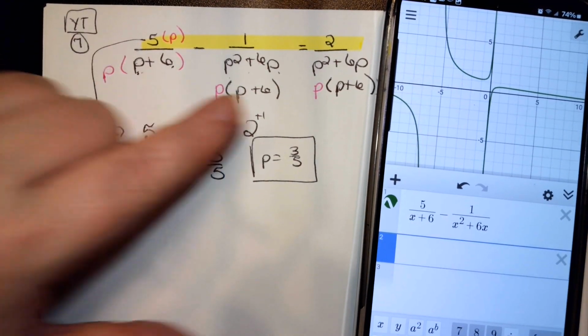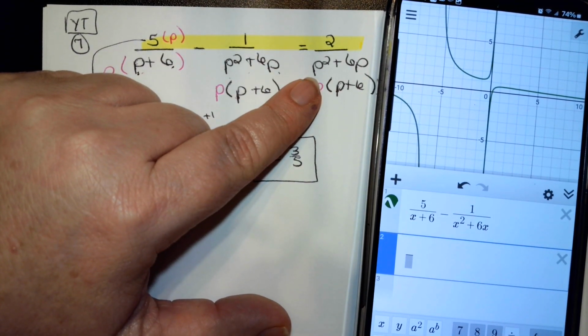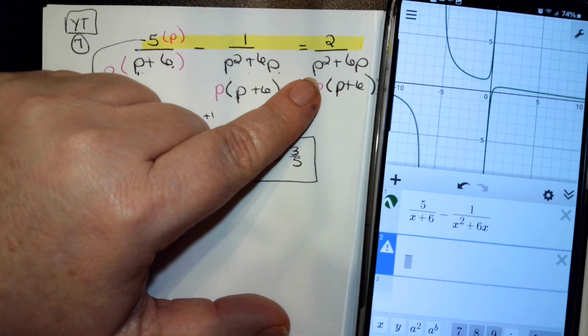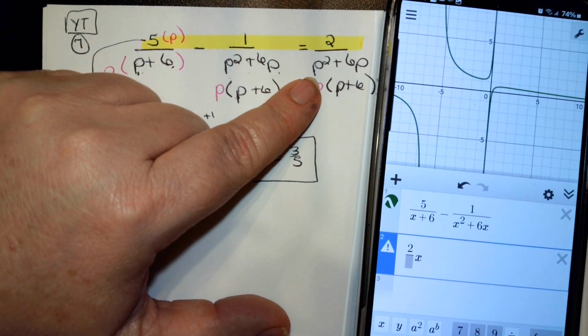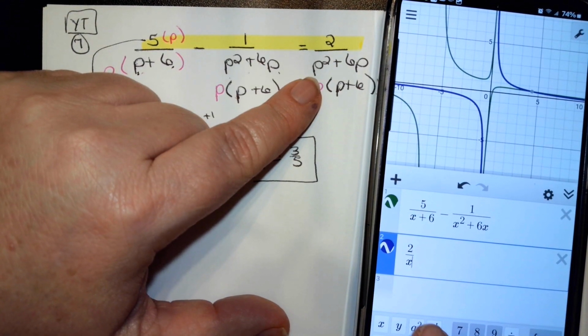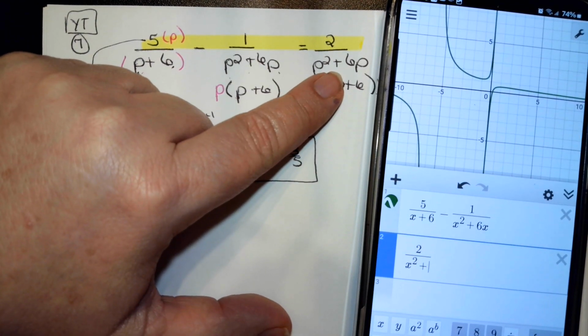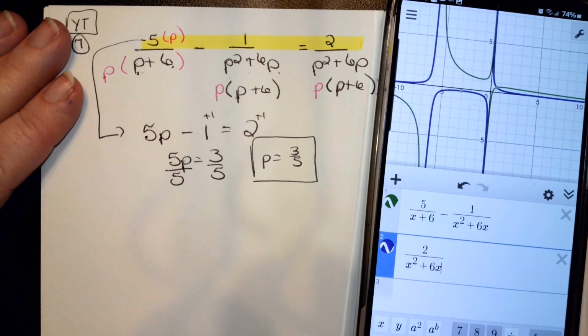Now let's look at the right side. Hit the division bar to get our fraction bar. So we've got 2 over x squared plus 6x. We want to see where they intersect.